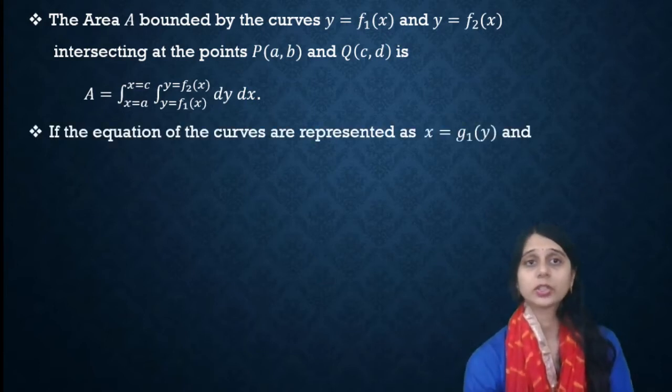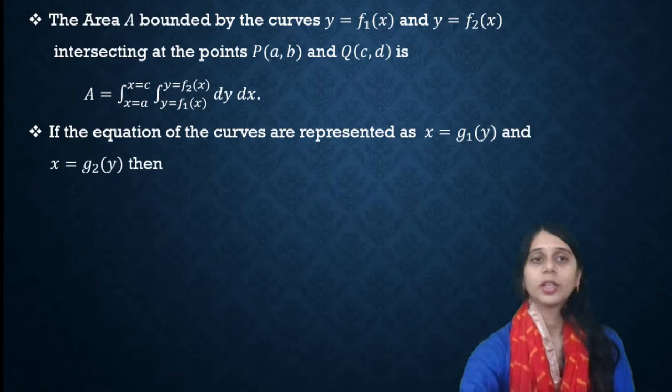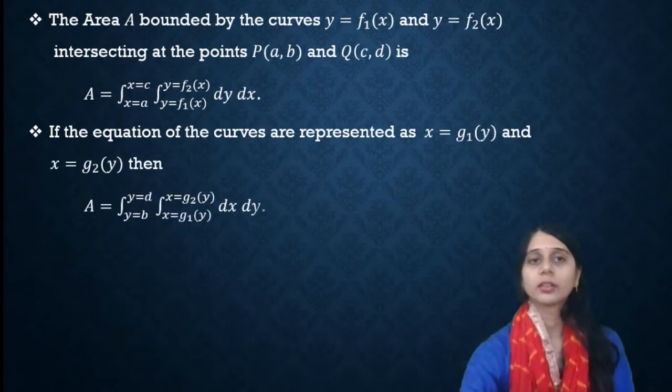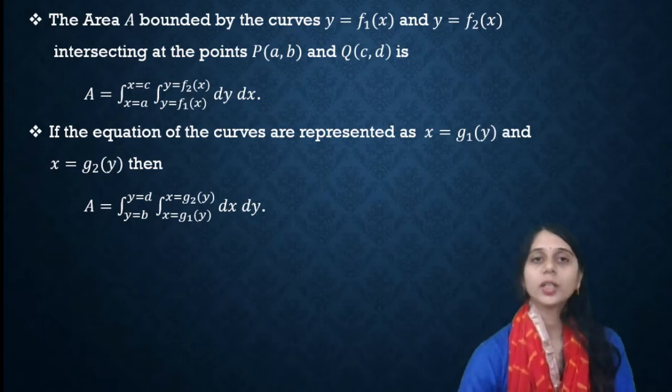If the equations of the curves are represented as x = g1(y) and x = g2(y), then A = integral from y = b to d, integral from x = g1(y) to g2(y), dx dy.